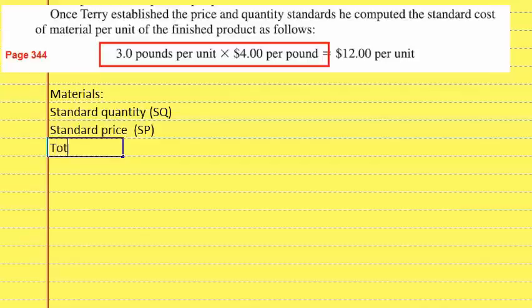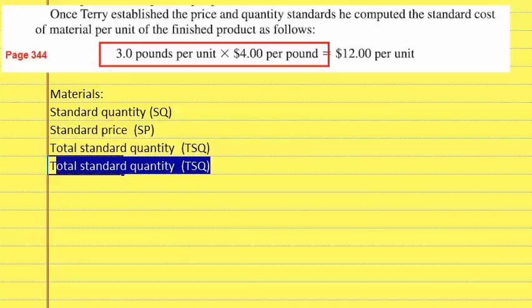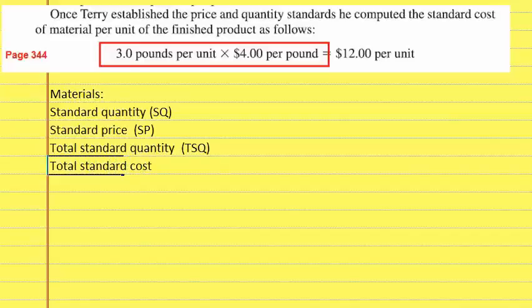And then we have total standard quantity, TSQ, the abbreviation in my formula, and total standard cost. Since that's not in my formula, I won't have an abbreviation for that.